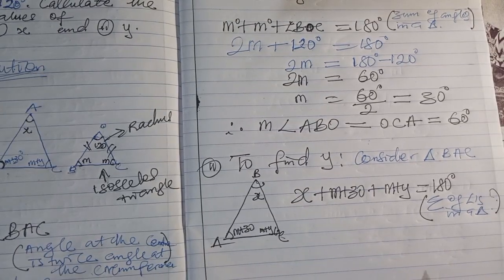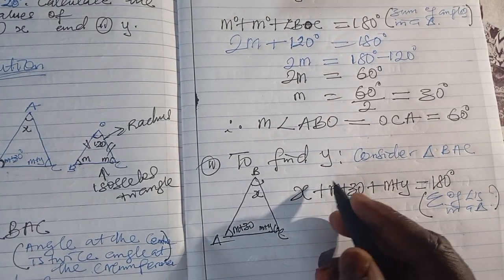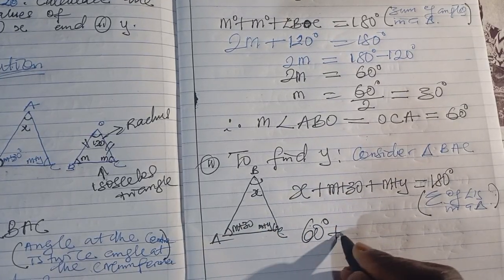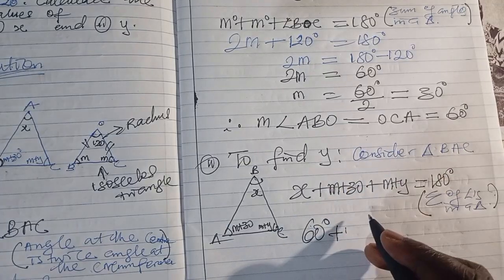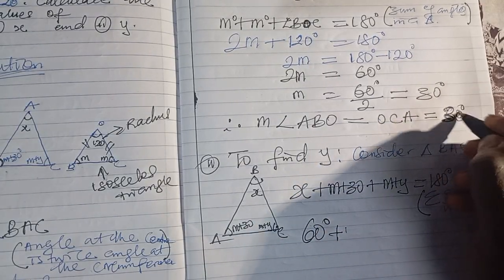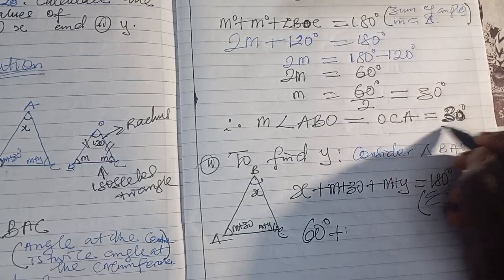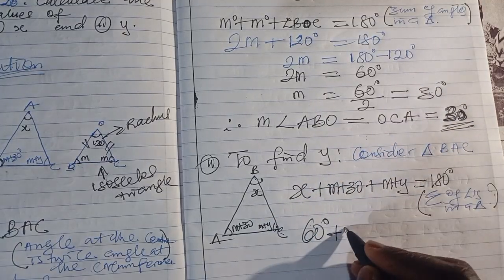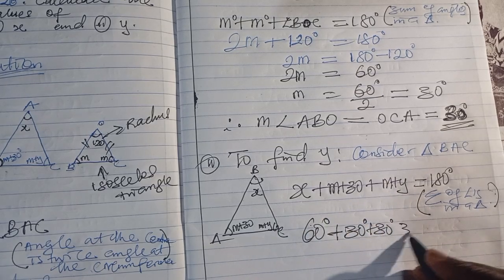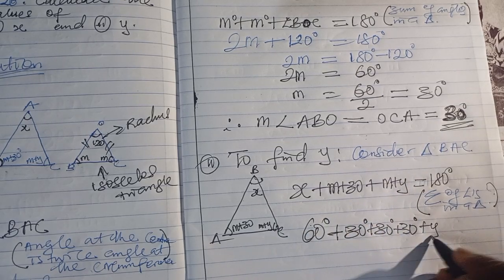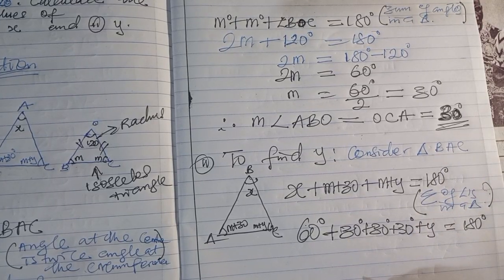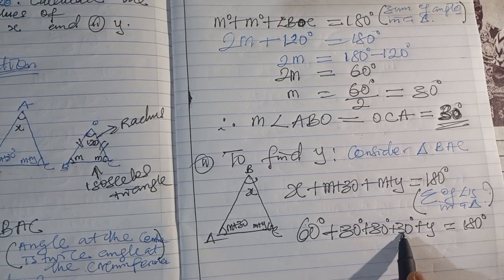Same reason. So x here, we got x as 60 degrees. So we can have 60 degrees plus m, which is 30 degrees, plus 30 degrees plus 30 degrees plus y will give us 180 degrees. Still sum of angles in a triangle. So 30 plus 30 plus 30 will give you 90.